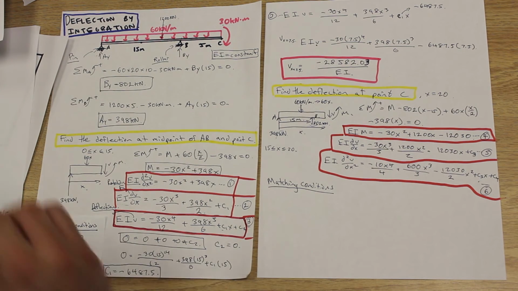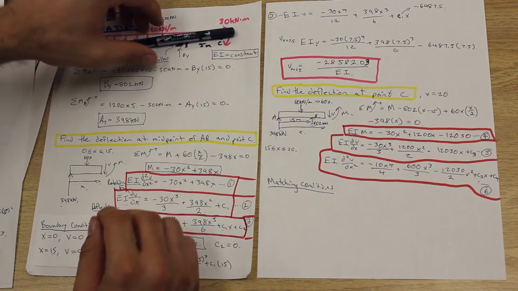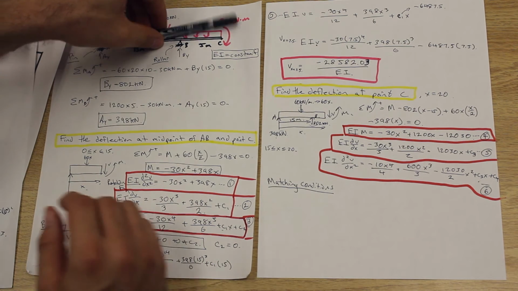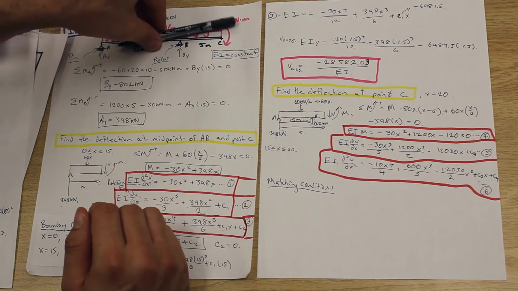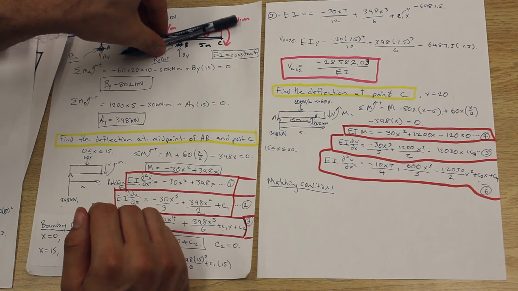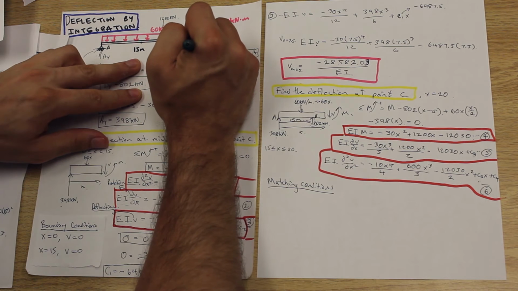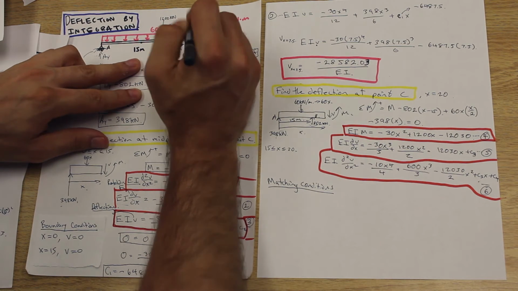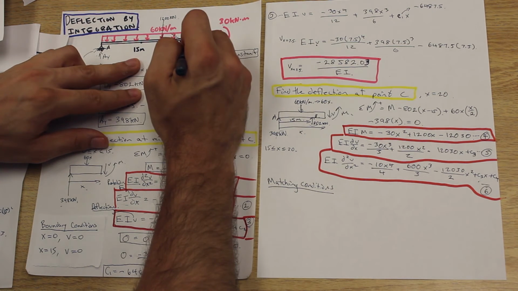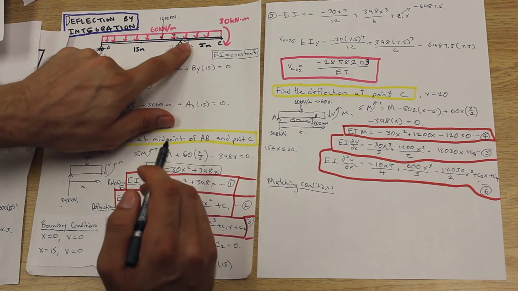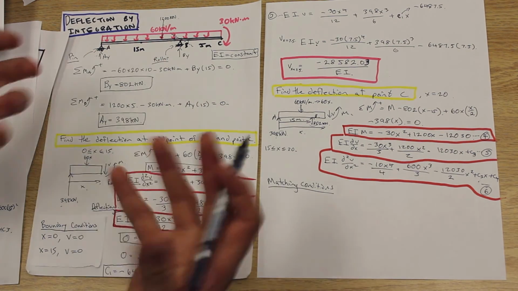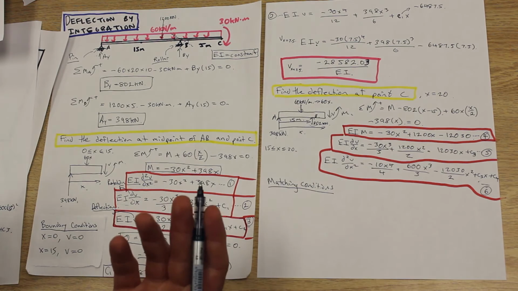So what I mean by that, and I'll just use my pen as a kind of gauge for you here, is that if the deflection were like this, this angle and this angle would be equal on both sides of the beam. That's essentially what a matching condition is.